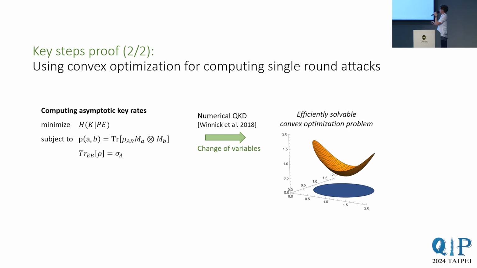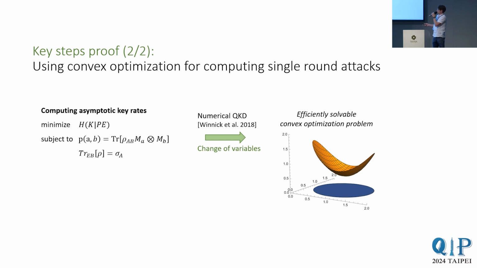If you have a convex optimization problem, where basically you're minimizing a convex function over a convex set, you have many nice properties. For example, if you want to solve it analytically, you know that a local minimum is going to be a global minimum, but also numerically, we know that there exist efficient solvers to solve this kind of optimization problems.